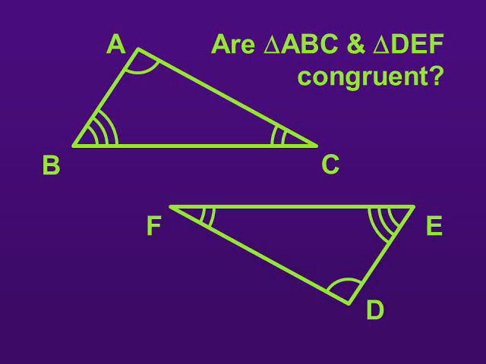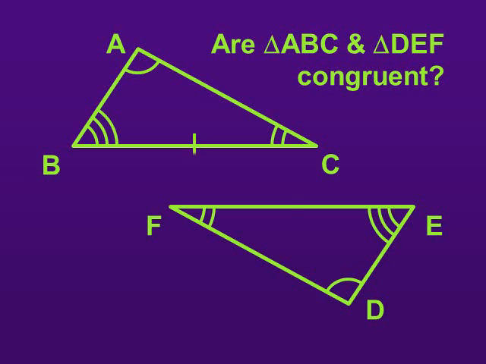Angle A corresponds with angle D, B corresponds with E, angle C corresponds with F, in that order. Order matters here. If I were to mix up DEF and say triangle EFD, that would be a false statement. They would not be congruent.